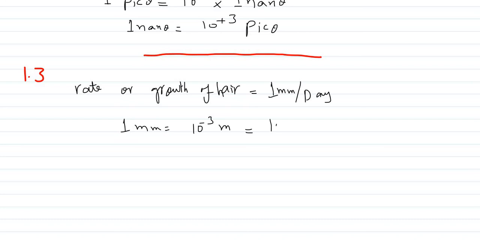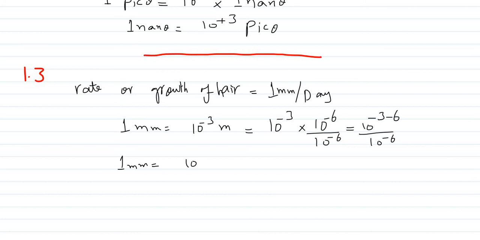To write it in the form of 10 raised to power minus 9, we multiply by 10 raised to power minus 6 and divide by 10 raised to power minus 6. When these are multiplied, the bases are the same, so powers will be added. Here we get minus 3 minus 6, divided by 10 raised to power minus 6. So 1 millimeter is equal to 10 raised to power minus 9 over 10 raised to power minus 6.